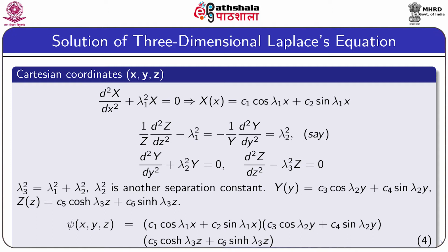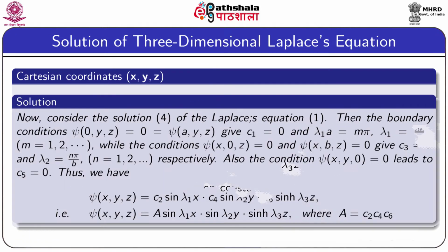Now, sine lambda 1 a equals 0 implies lambda 1 a must be equal to m pi, where m is a positive integer. From here we get that lambda 1 can take the values m pi by a, where m is a positive integer.